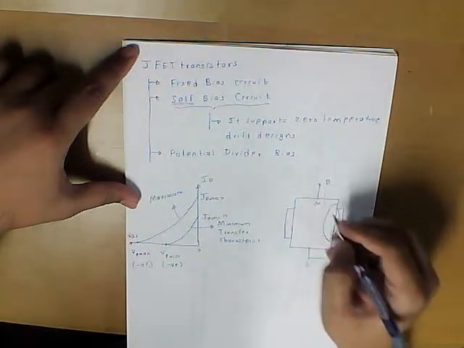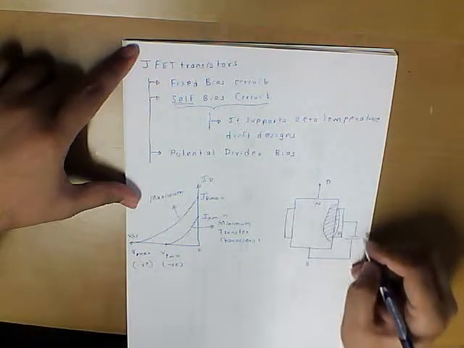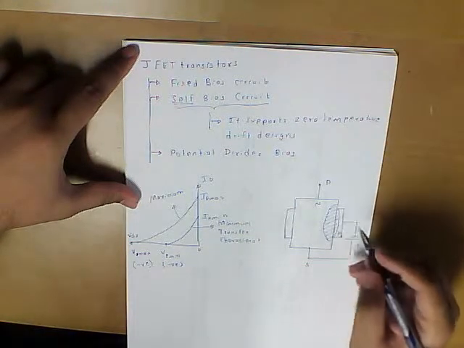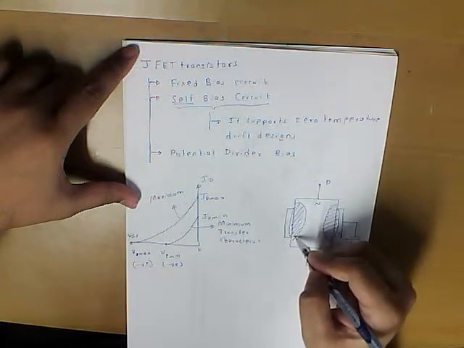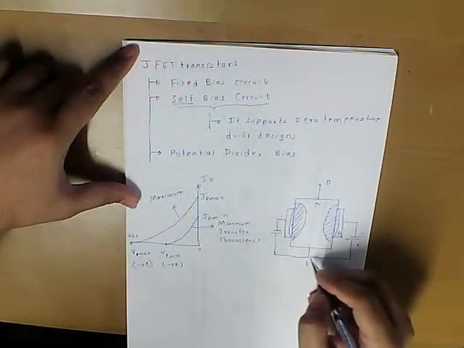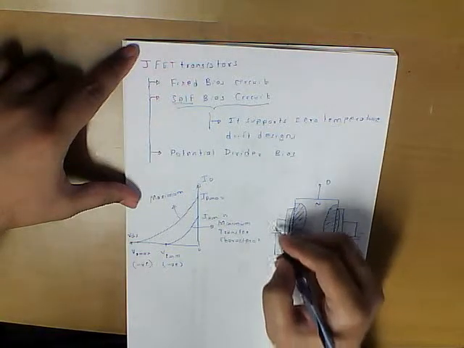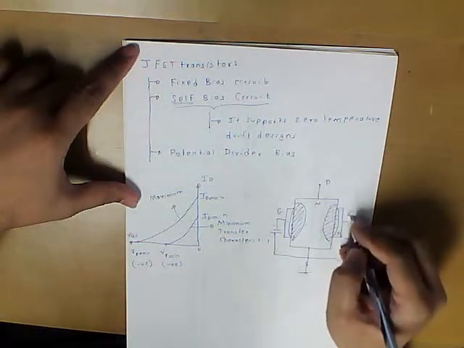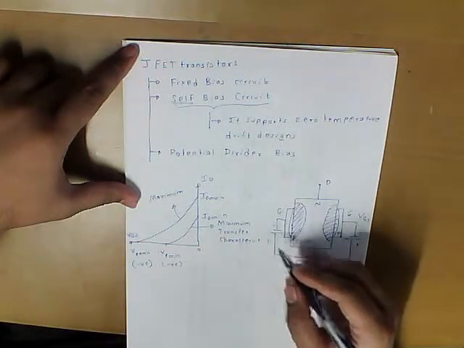Normally if this is N, this is going to be P type, and only if we reverse bias this, so P is connected to negative, N is connected to positive, a reverse bias junction is formed. So both these values are negative and the common terminals are grounded, and this is the source, and this is minus plus, and this is VGS. So this is the gate terminal, and this is the common source.